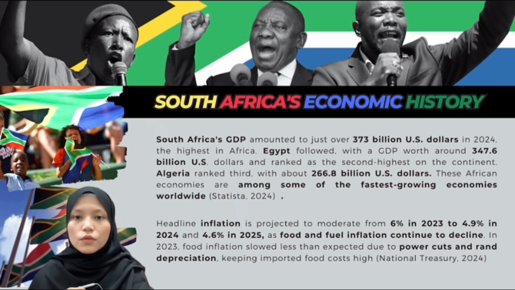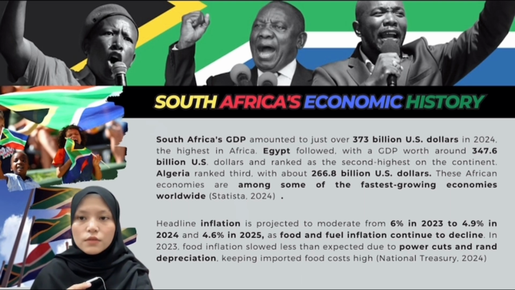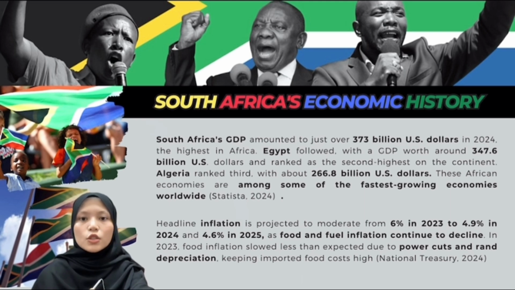Next, the outlook for inflation over the next few years. Headline inflation is projected to moderate from 6% in 2023 to 4.9% in 2024, and further to 4.6% in 2025. This improvement is largely due to expected declines in food and fuel inflation.